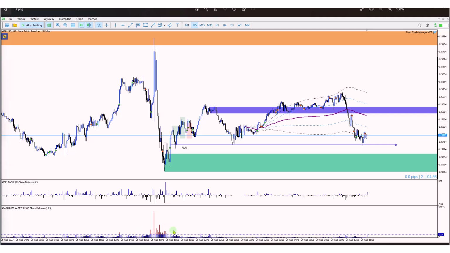So I'm interested in such levels. What next? I use here also imbalances as on M15 and M1. Nothing changed here. And also VWAP with -2 and +4 deviations.